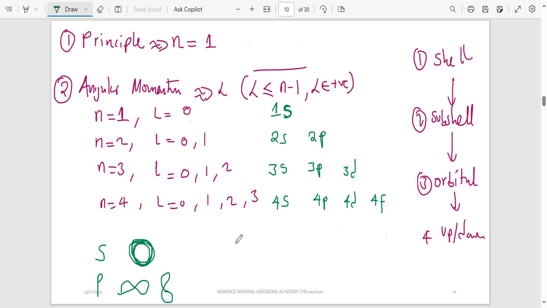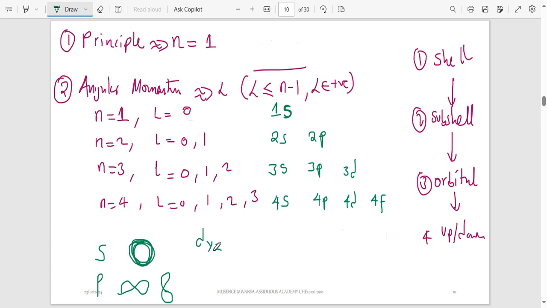And then the d orbital is a bit interesting. It also looks like infinity. But for a d orbital, there are different d orbitals that you need to know. So there is dyz.